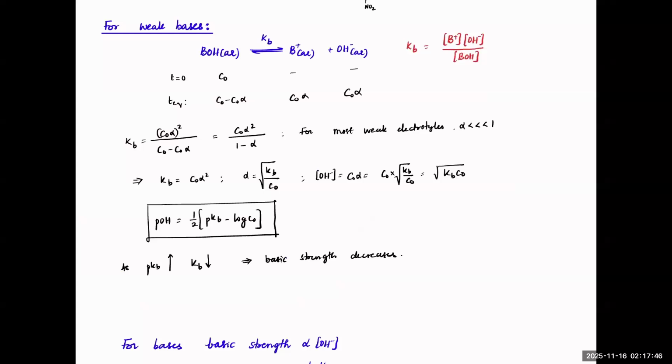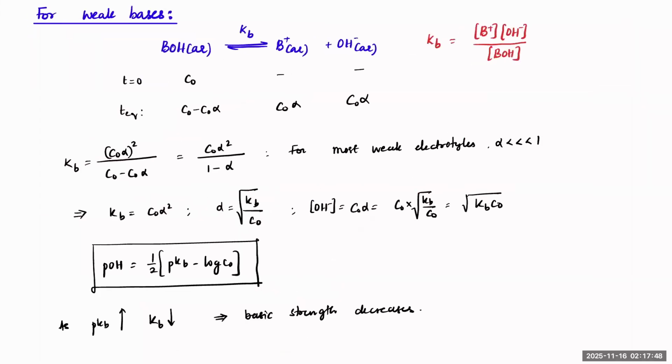Okay. So I think all of you understood this, how to represent Ostwald's dilution law for both acids and bases. Finished, everybody?